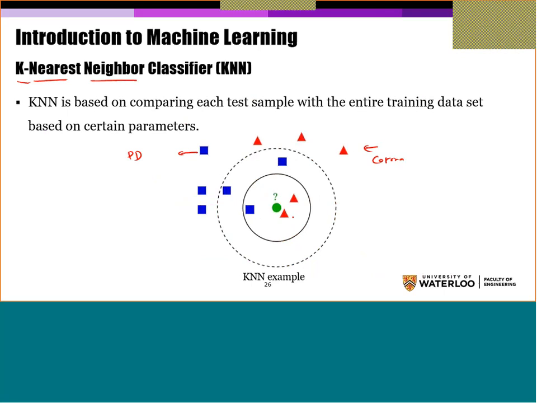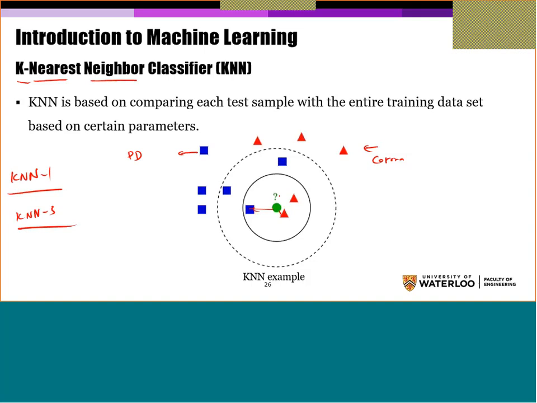Okay, so there is something called KNN 1, meaning that I will see the distance between this point and only the closest point from the corona and the closest point from the partial discharge, and see the closest one. Then this is KNN, let's say 3.